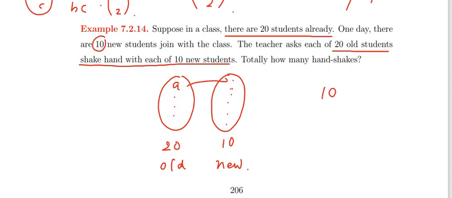We have 20. So the total handshakes should be this times this, right? 20 for each one. Each of all the students shook hands 10 times, right?